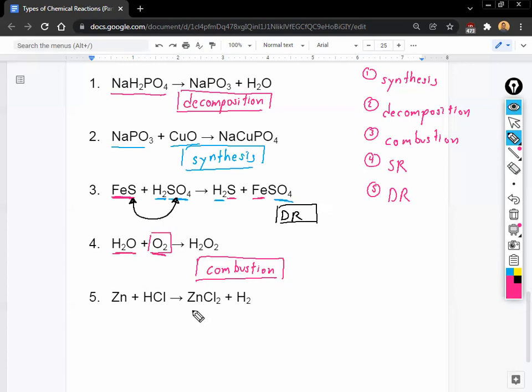Okay. Good. Last, we have Zn and HCl reacting to make ZnCl2 and H2. You will notice H or Cl is going to leave H to be with Zn, which makes ZnCl2, and that is called a single replacement reaction. Okay.